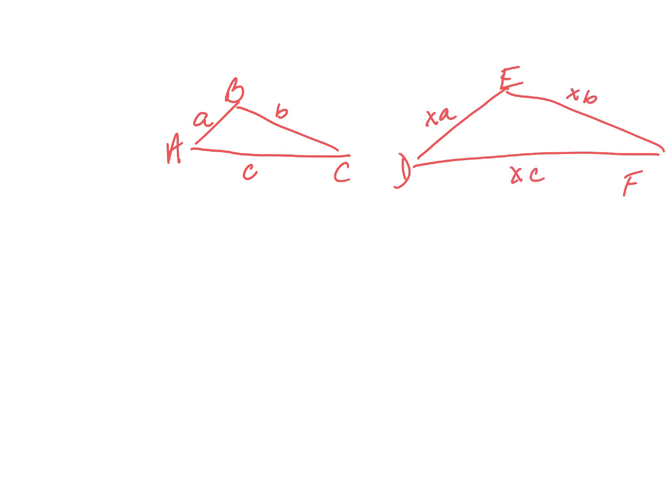So I'm going to put some numbers to this so you can see what I'm talking about. If this is 2, 4, and 6, and this over here is 8, 16, and 24, we need to see if they are similar.